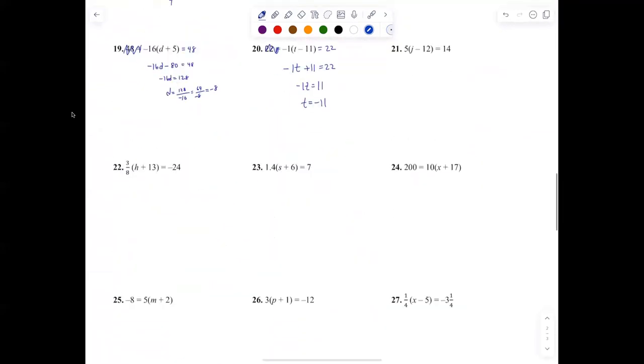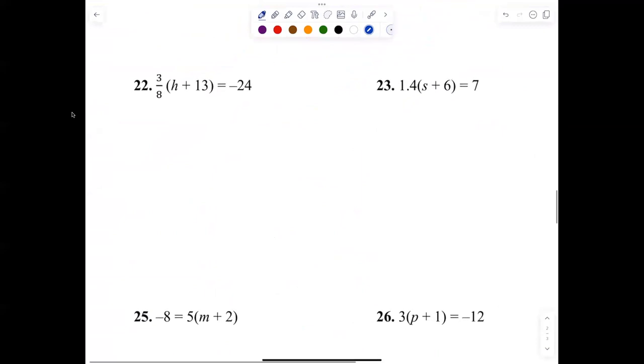All right. Let's do the next row. We'll do the next row and call it a day. All right, go. Are you up? Good so far. You have to multiply 13 times 3/8. What's that?